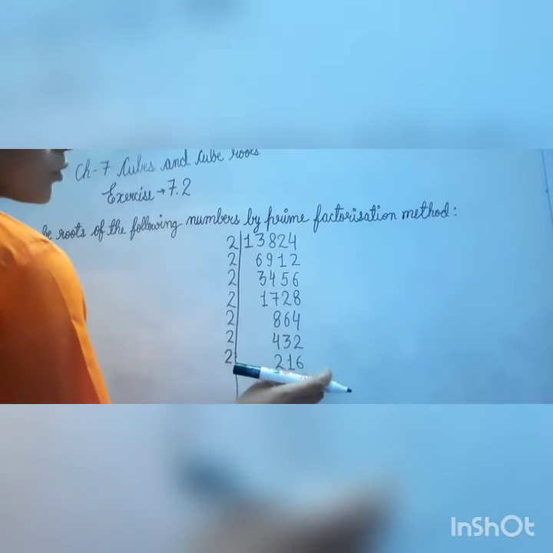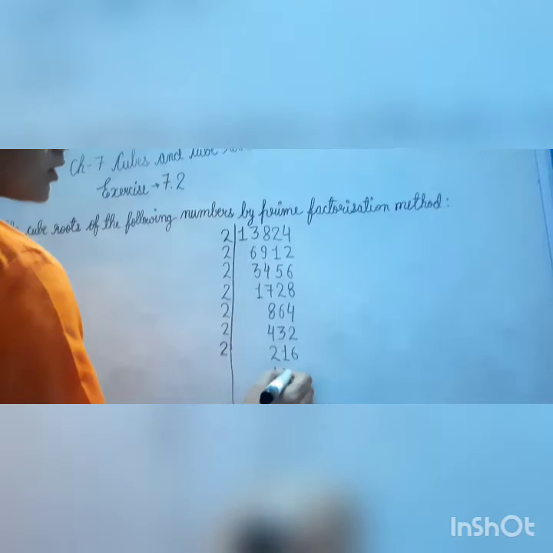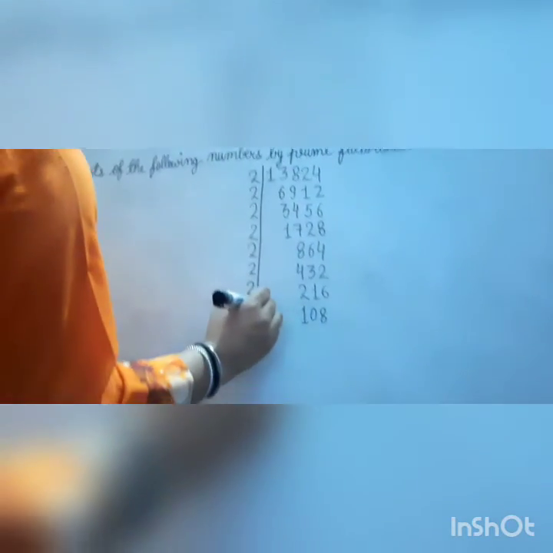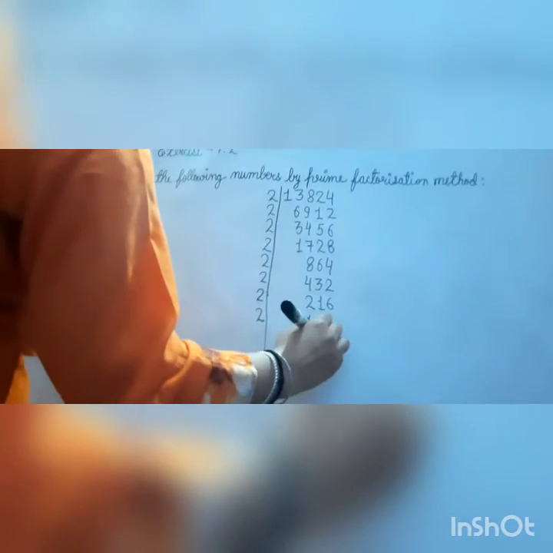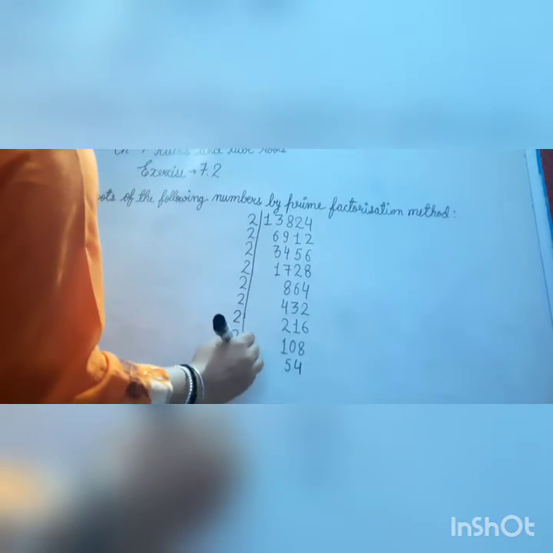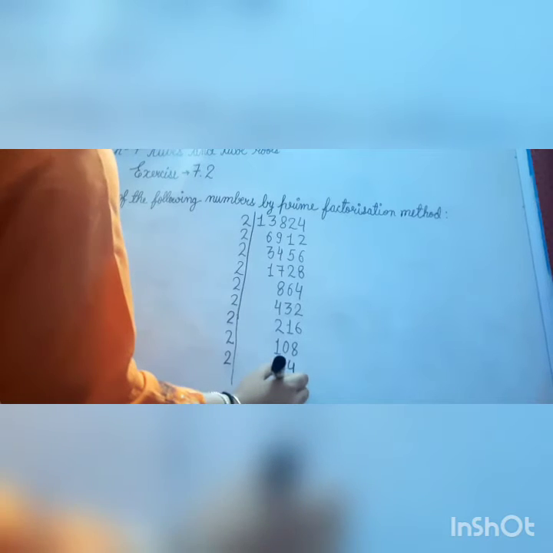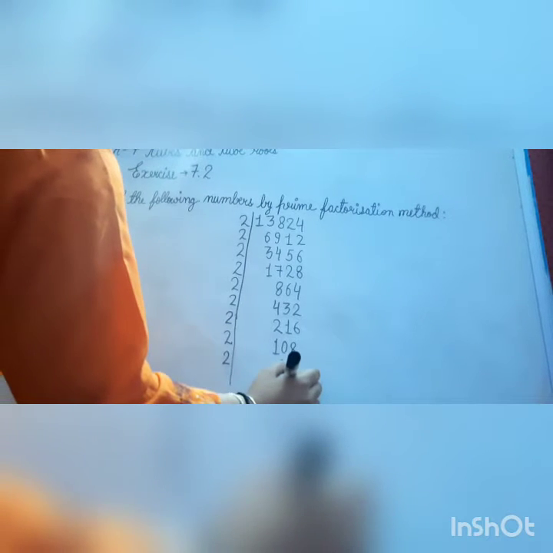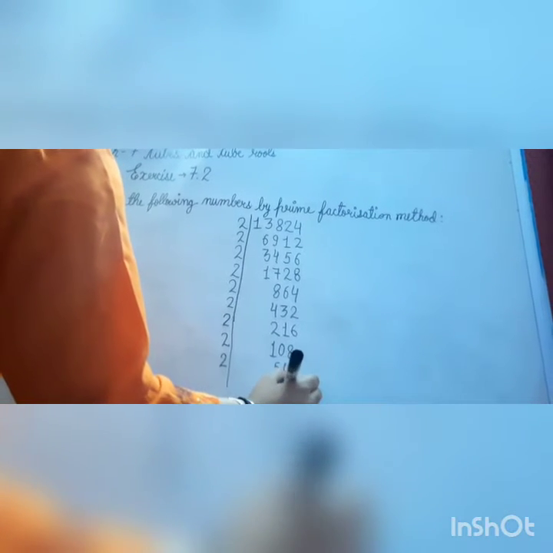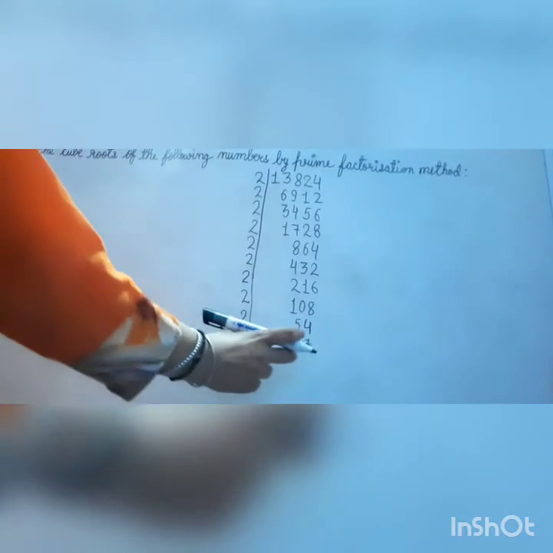You have to take both the numbers. 2 eights are 16. Again 2. 2 fives are 10. 2 fours are 8. Again 2. 2 twos are 4. 2 sevens are 14. Okay, now I am solving this method here. Okay, 27.